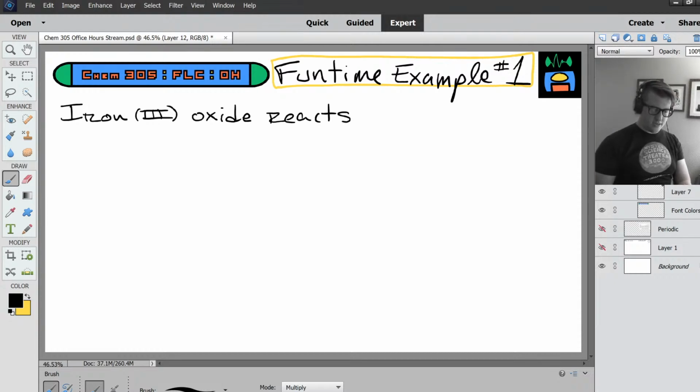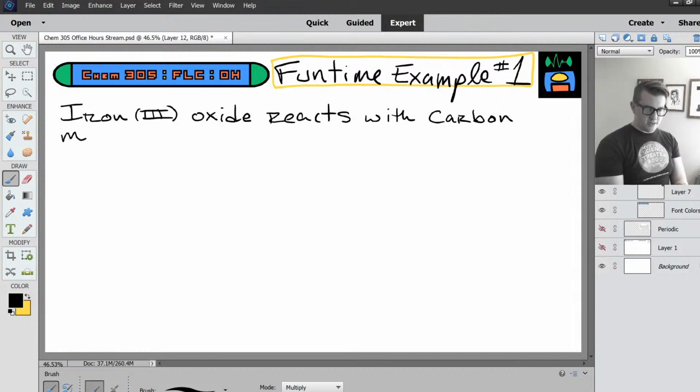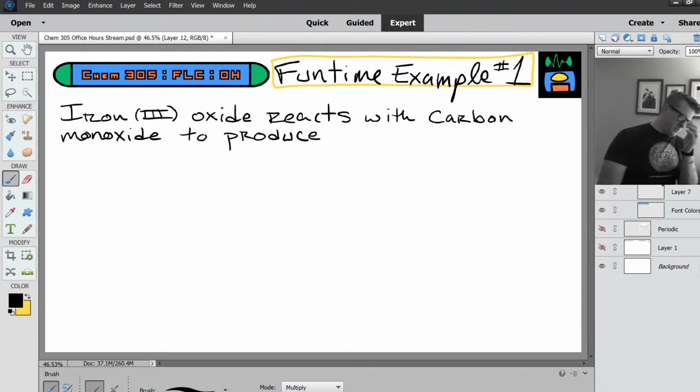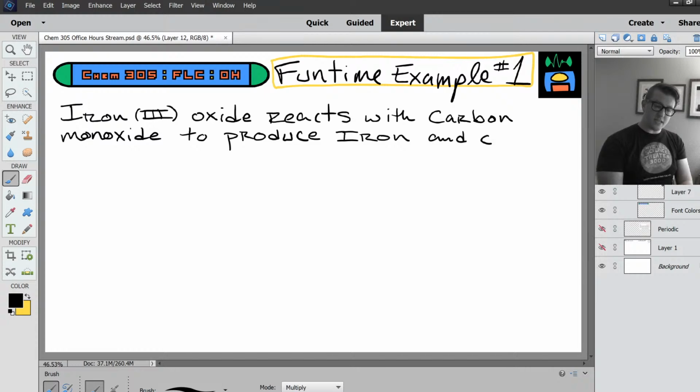Okay, so iron 3 oxide reacts with carbon monoxide to produce, let me just make sure that this will all balance. Yeah. Iron and carbon dioxide.